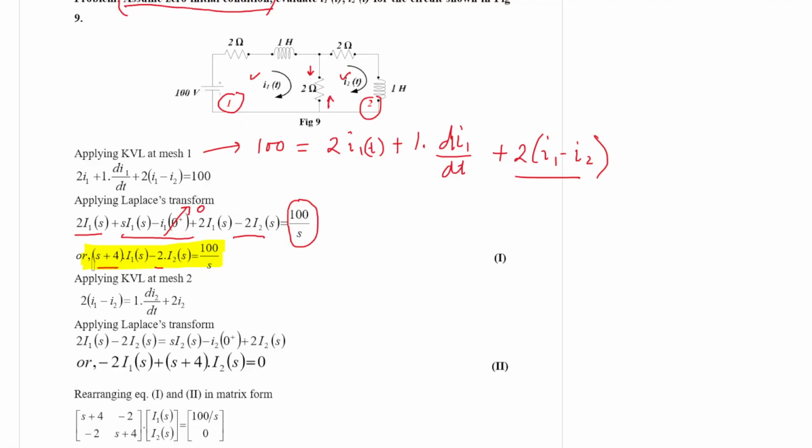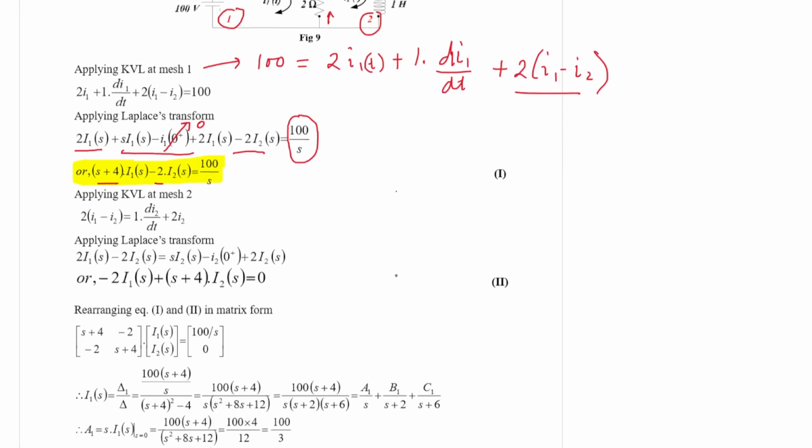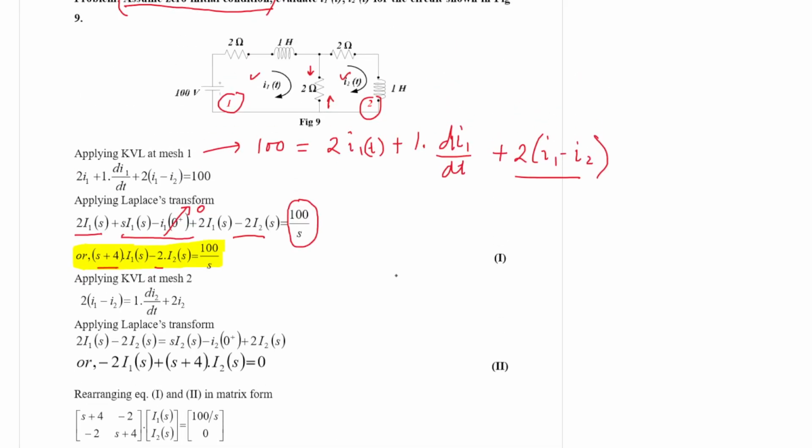So moving to our next mesh, KVL at mesh 2. Again the current I1 minus I2 is flowing through this 2 ohm resistor, so we write 2 into (I1 minus I2).